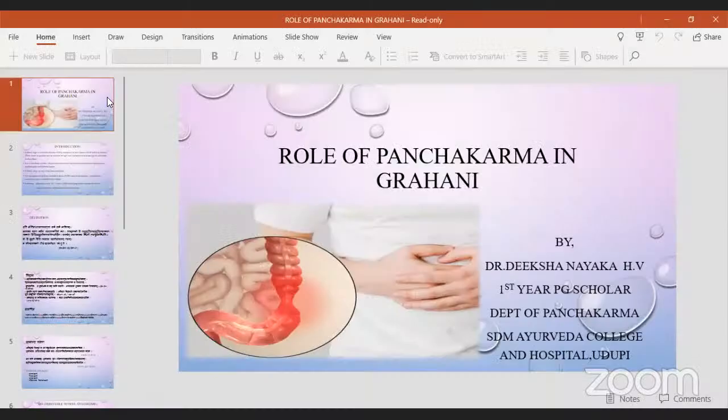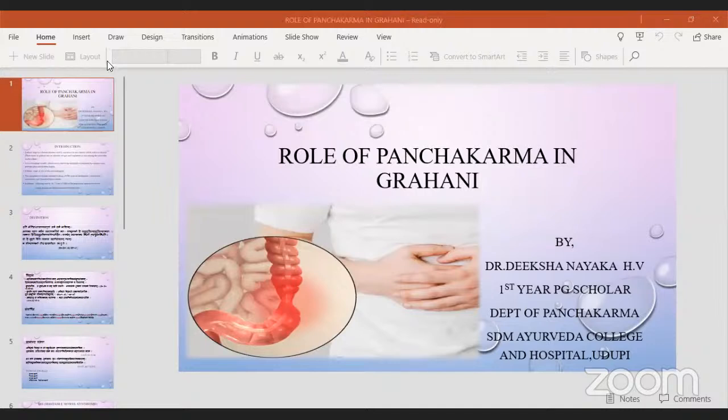Please share the screen. There is some problem in the screen sharing. Can you please share the screen? Okay, doctor, one minute. Dr. Diksha, please chat, doctor.